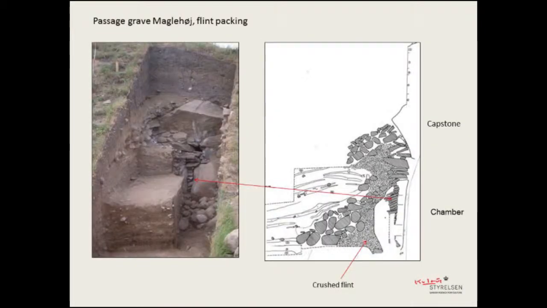Parallel with the building of the drywalling, it was at the back side secured with flint packing, and the flint packing was secured with mound fill, stones, earth, or both of them.